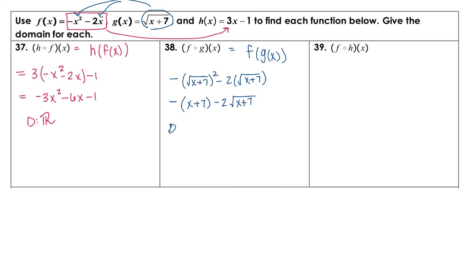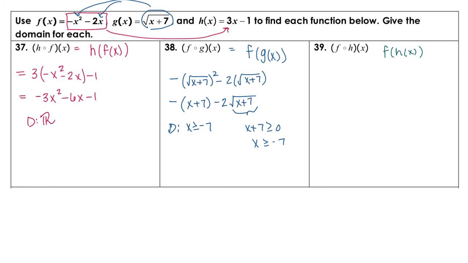Now for our domain restrictions, again, what's under the radical has to stay greater than or equal to 0. And when we solve that, we're going to get our domain to be x has to be greater than or equal to negative 7. Okay, our next problem, we have the composition of f and h at x.